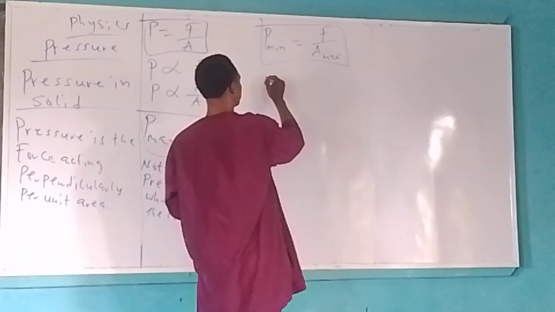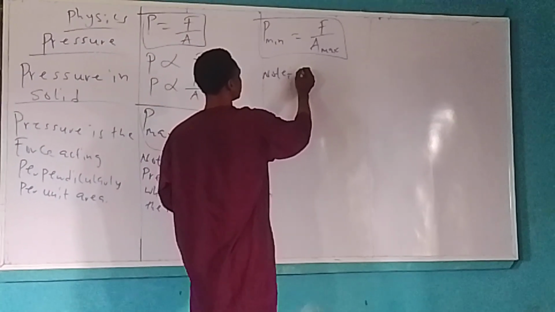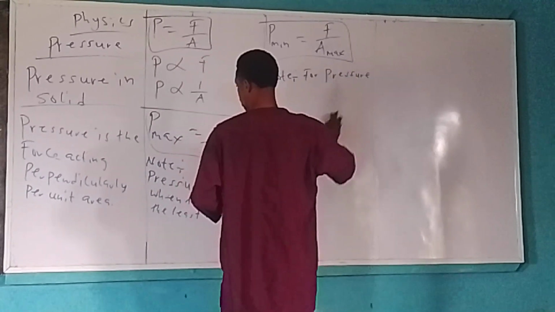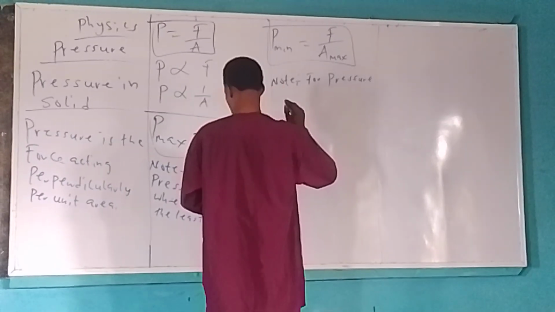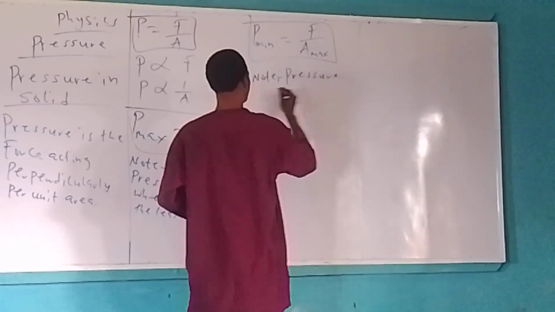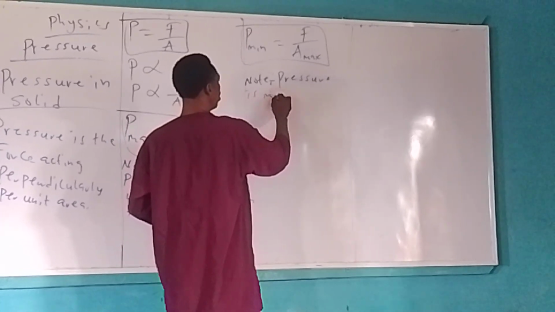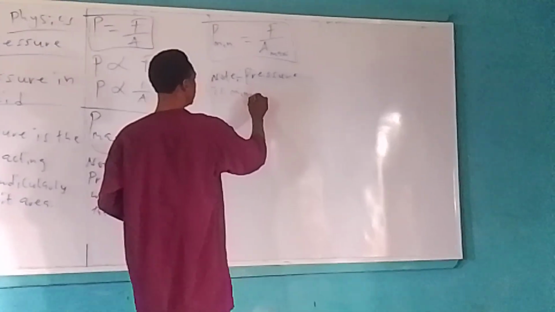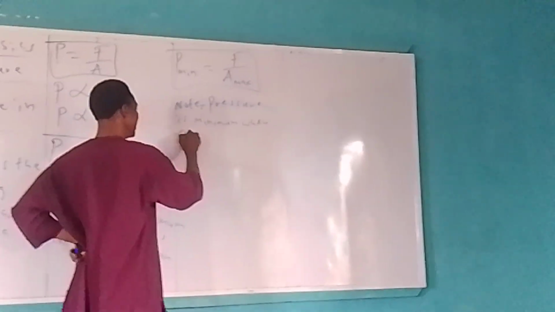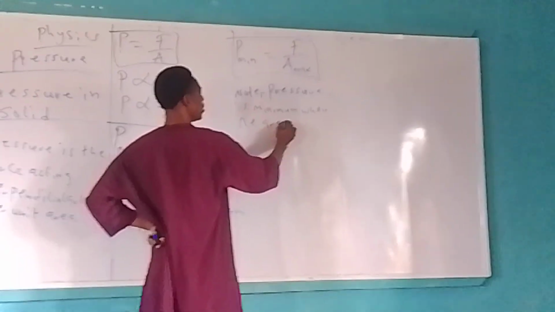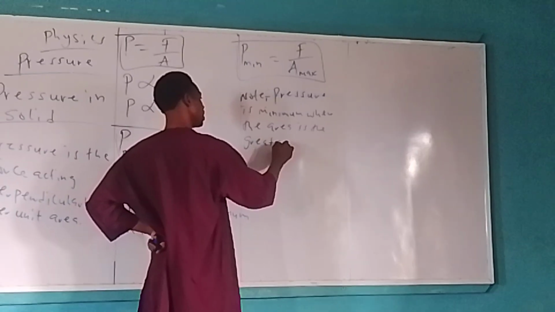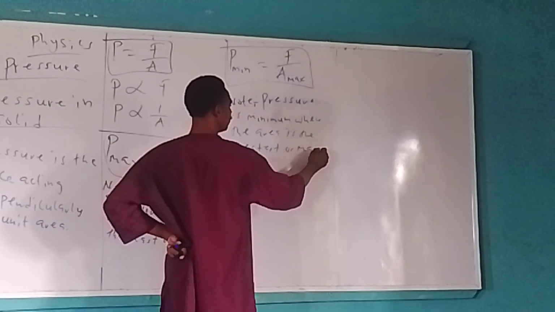Now note: pressure is minimum when the area is the greatest or maximum.